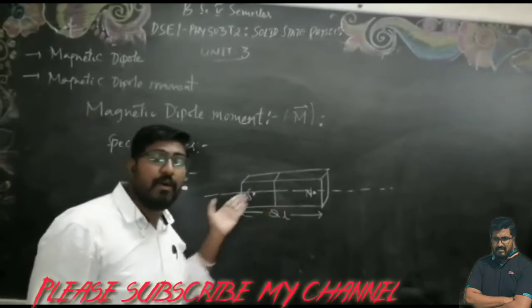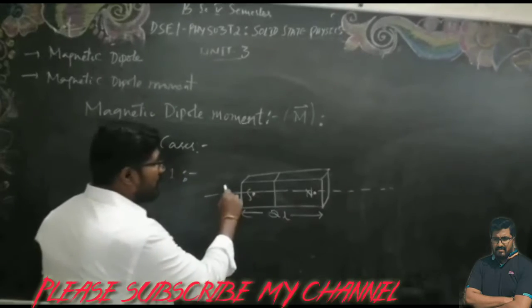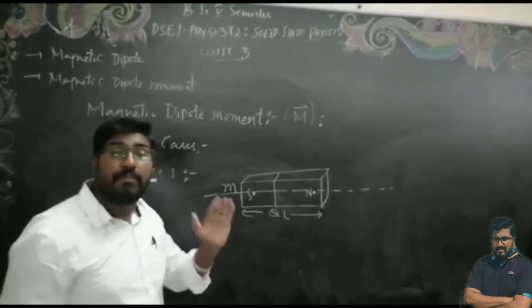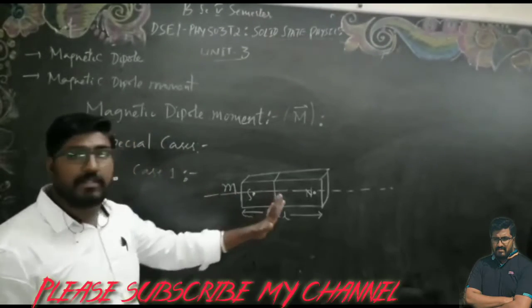Here the pole strength is M before cutting horizontally.